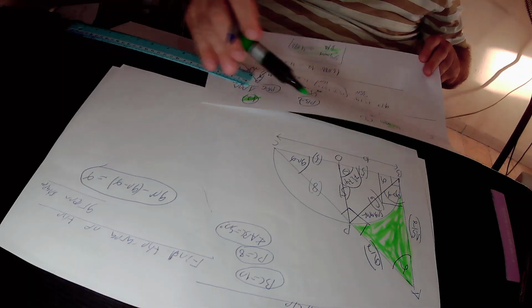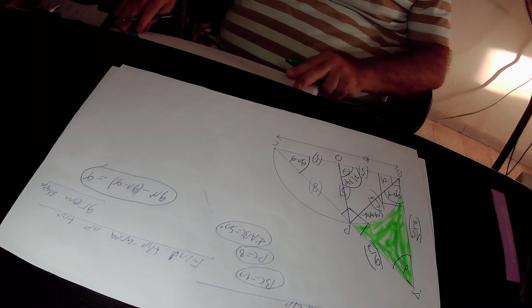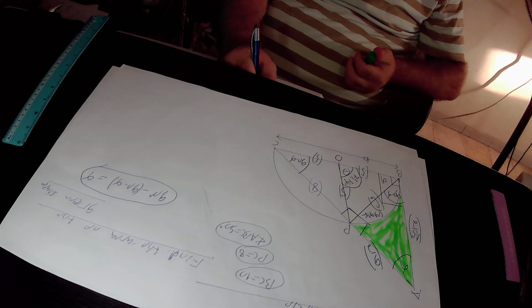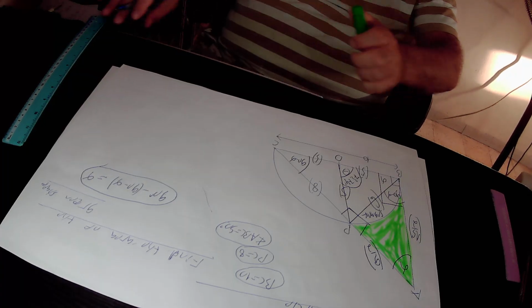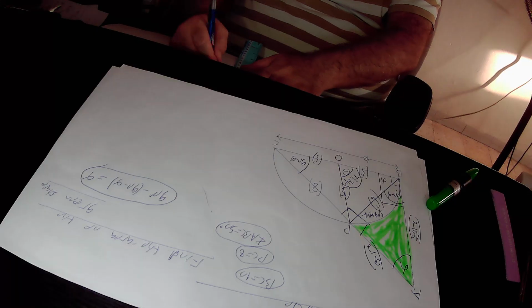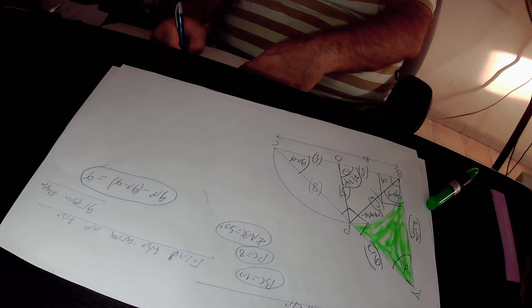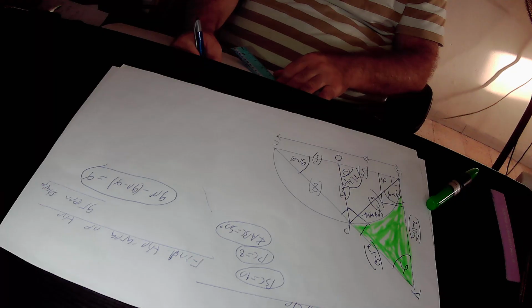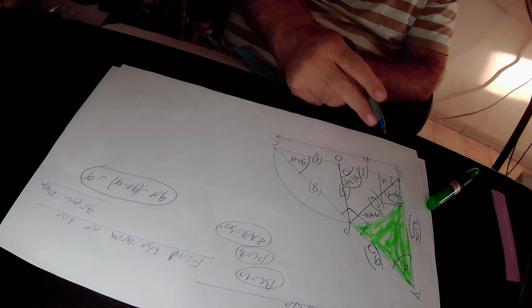Our task is to find the area of this green shape. So what is the area of the green shape? The area of the green shape is equal to the area of the right triangle APB minus the area of this segment, segment BP.